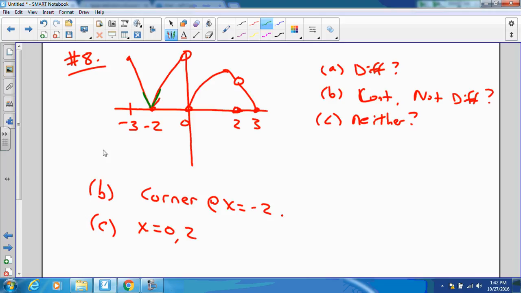The directions just said at what domain points does the function appear to be non-differentiable? And there it is. If I knew that these were two straight line segments, then I would know for sure. And on a test or a quiz, I will make every effort to ask questions in which either I tell you you can use your eyes to estimate that, or I tell you enough information so that you can be sure.